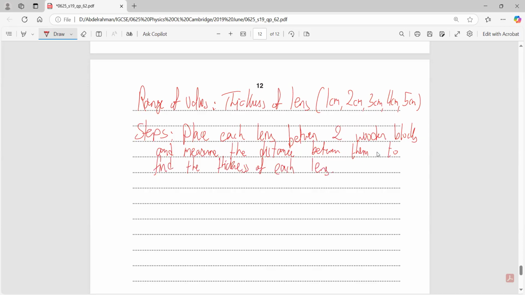We placed them between two blocks and found the distance. And then what should we do?